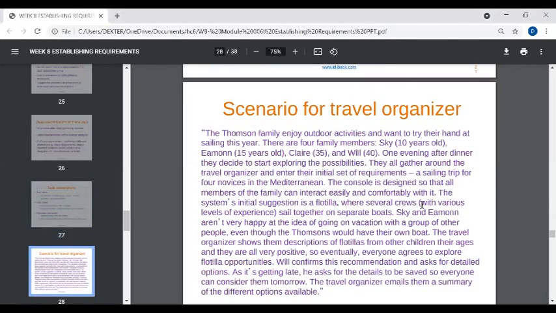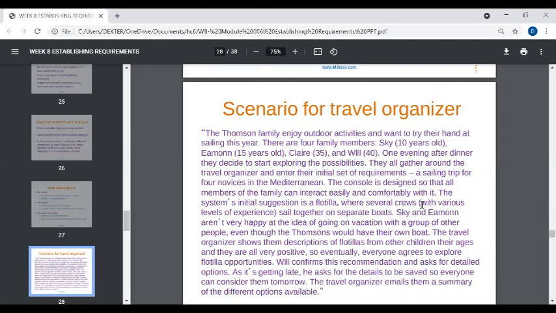Okay, so a scenario for the travel organizer. This is an example of a scenario. The Thompson family enjoy outdoor activities and want to try their hand at sailing this year. There are four family members: Sky, 10 years old, Eamon, 15 years old, and Claire, 35, and Will, 40.